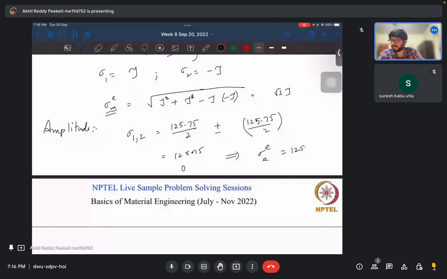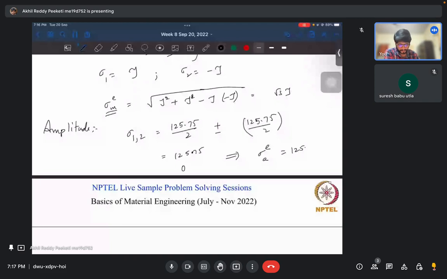So let me calculate that. Square root of 3 into 94.3 is 163.35. Now we have the effective mean stress and effective amplitude stress.